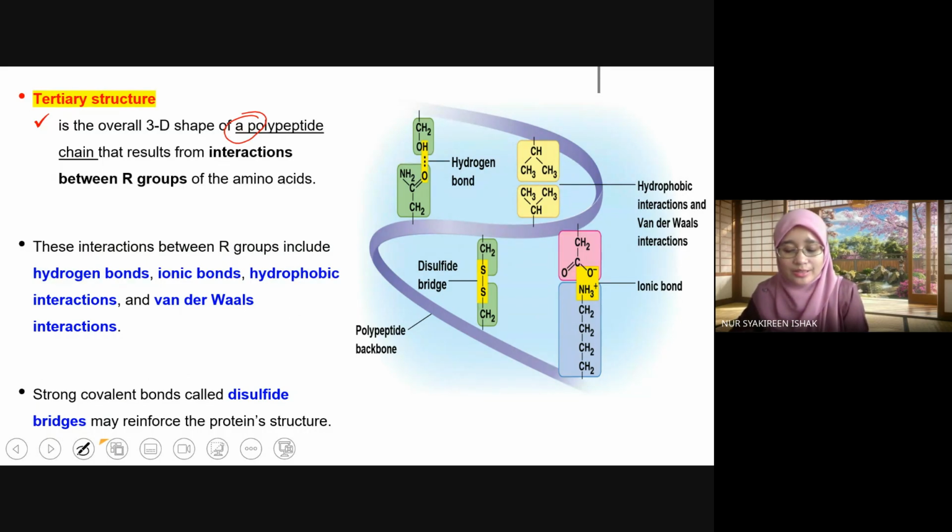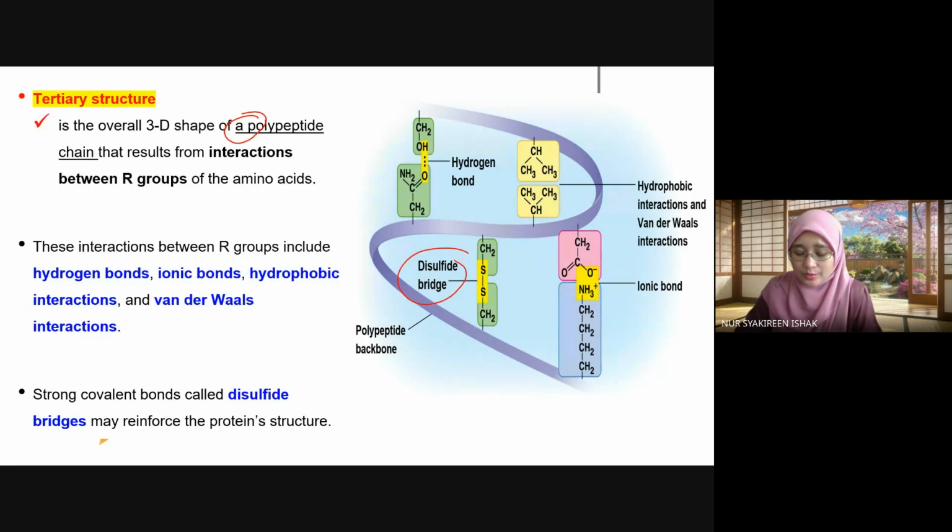So this interaction between the R groups includes hydrogen bond, ionic bond, hydrophobic interaction, van der Waals interaction. You can also add here disulfide bridge. So these are all the interactions that hold a polypeptide chain folded to form a functional shape. Okay, so strong covalent bonds called disulfide bridges may reinforce the protein structure.